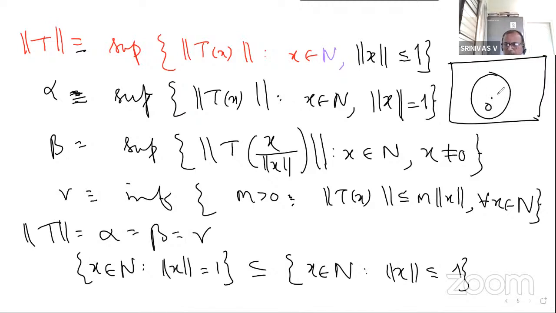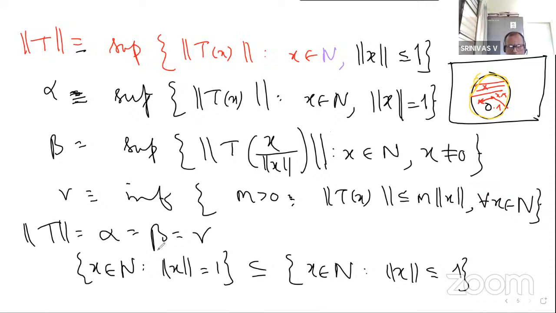This is the origin. I'm taking a circle of radius 1 unit. If you take a point inside, its distance from the origin is less than 1, and if you take points on this circle, their norm values are 1.